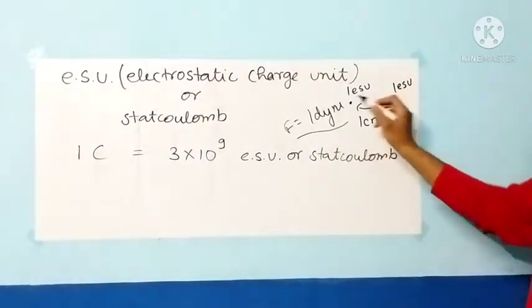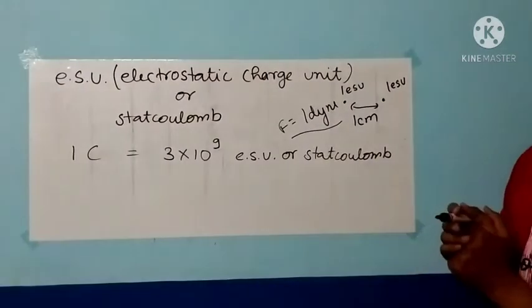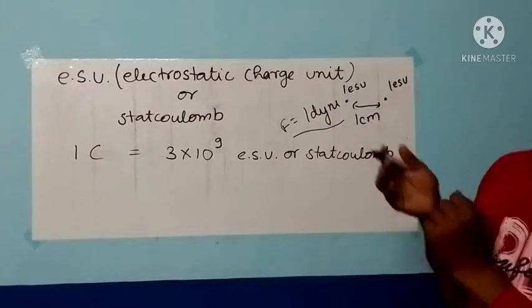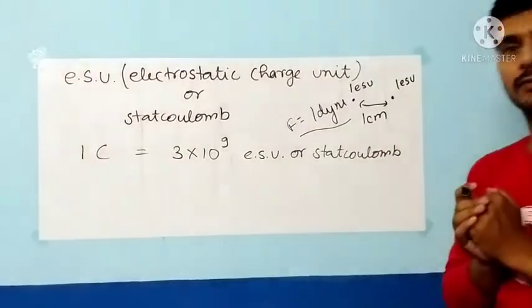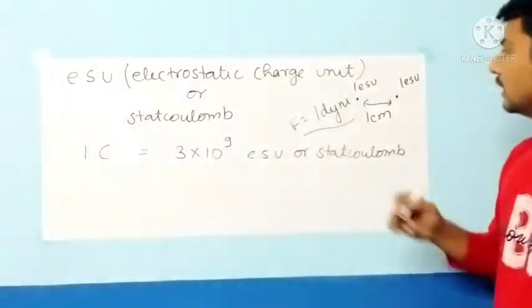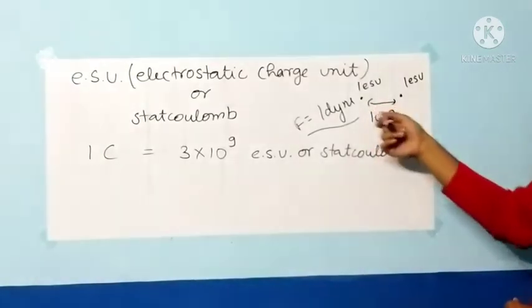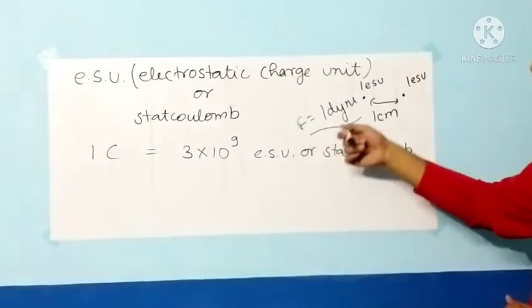If both charges are similar, meaning both are positive, they will generate a repulsive force. If one charge is positive and the other is negative, meaning the charges are unlike, they will generate an attractive force. So if we take 1 ESU charges and put them at 1 centimeter distance, they will generate a force of 1 dyne.